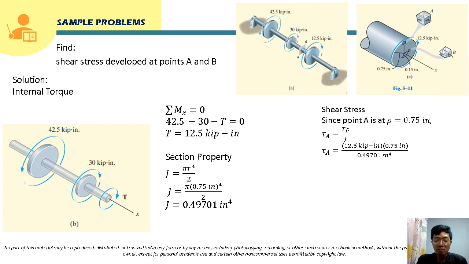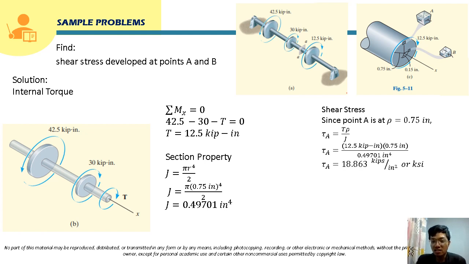Class, make sure that our units here are consistent. If this is inch, it should also be inches. Solving this, if we input 12.5 times 0.75 over 0.49701 in our calculator, this is 18.863.